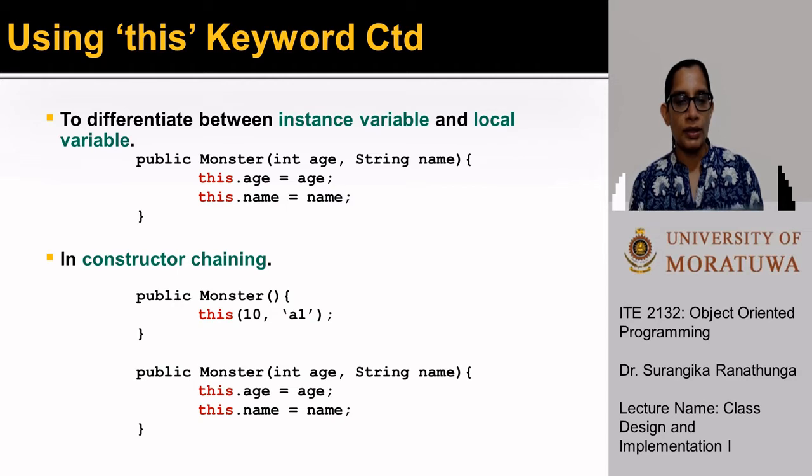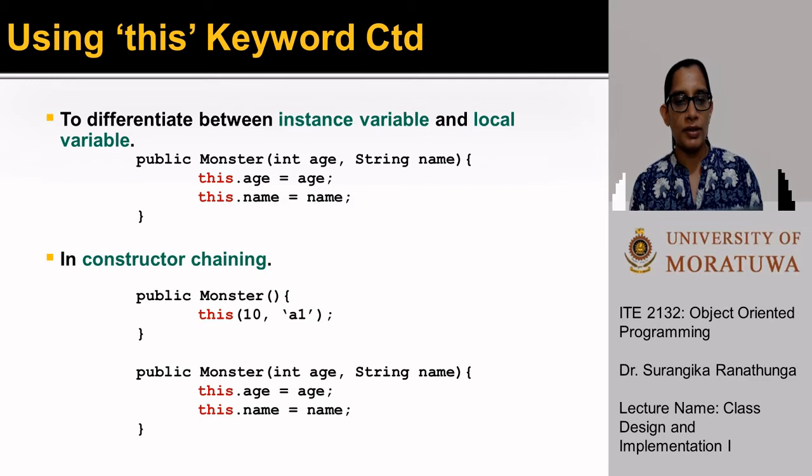So the constructor that does not take any parameters sets the default values by calling the constructor that takes the parameters. In order to connect these constructors, we can explicitly use the word this, because you can't use the word Monster here, it will give an error, so you have to use the word this.